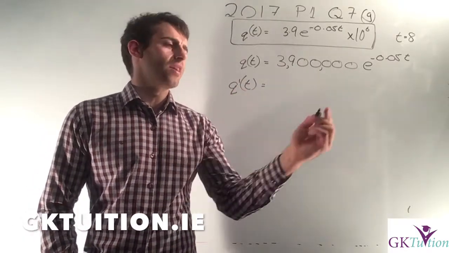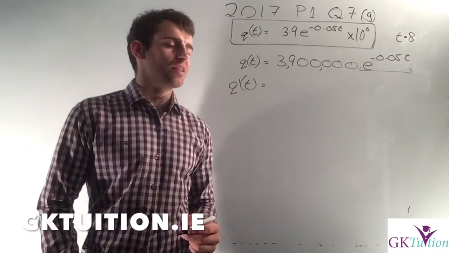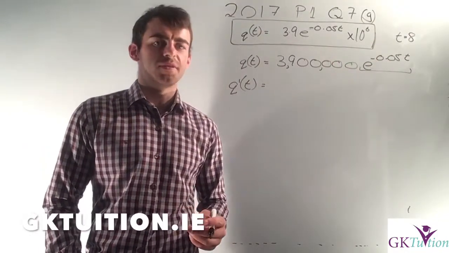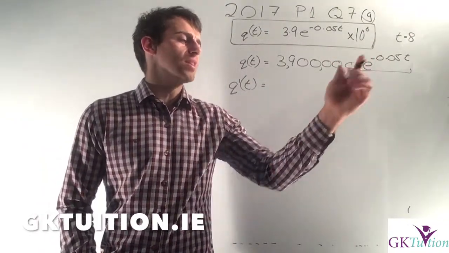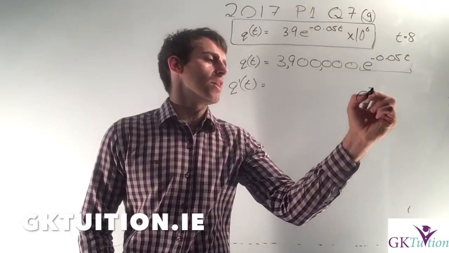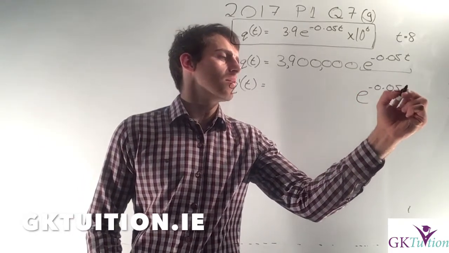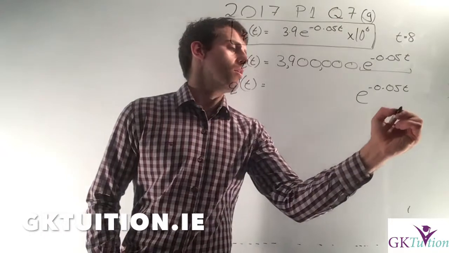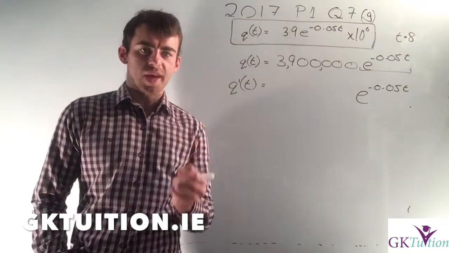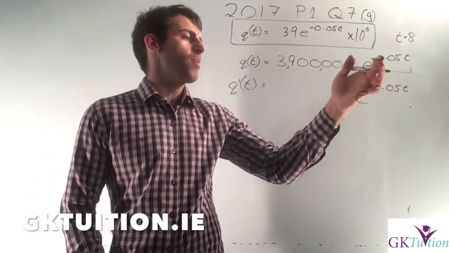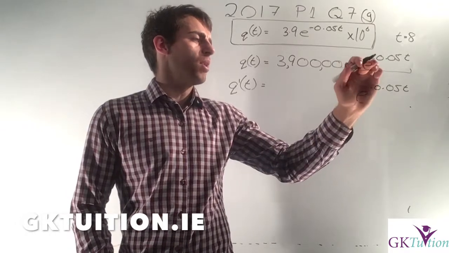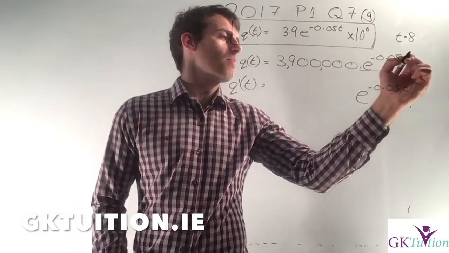The only bit of this that I can actually differentiate is my e to the power of minus 0.05t. If I want to differentiate e to the power of something, it just stays the exact same. So it's e to the minus 0.05t multiplied by the derivative of the algebra, so the derivative of my power. So I've got my power is minus 0.05t to the power of 1.